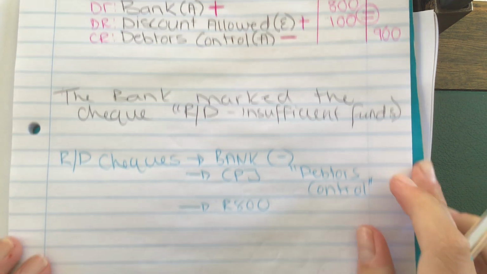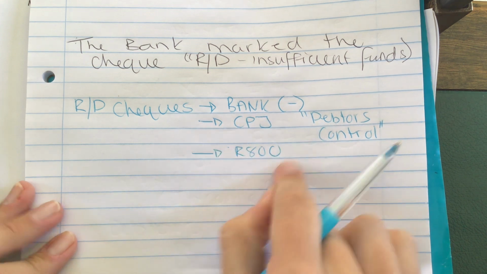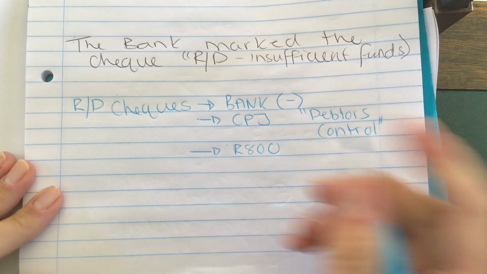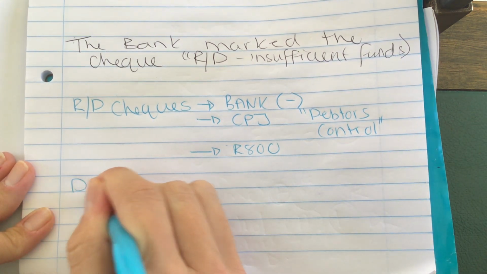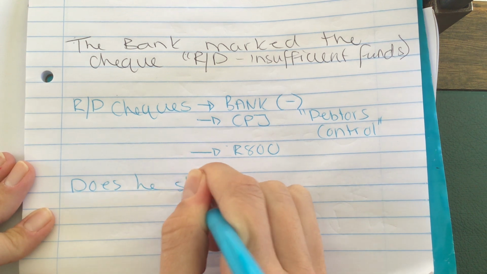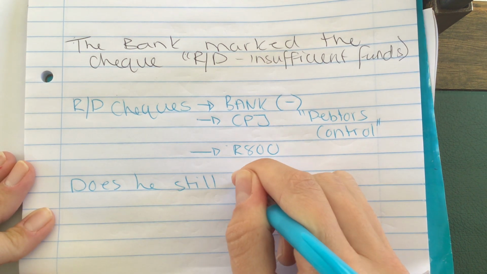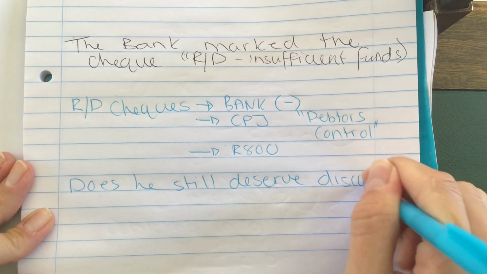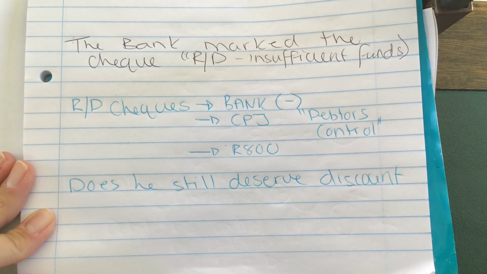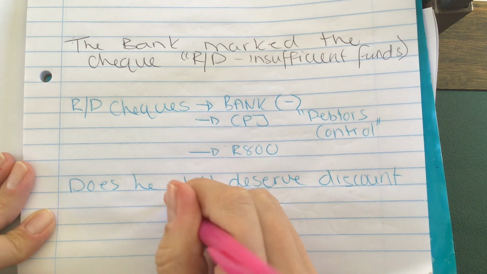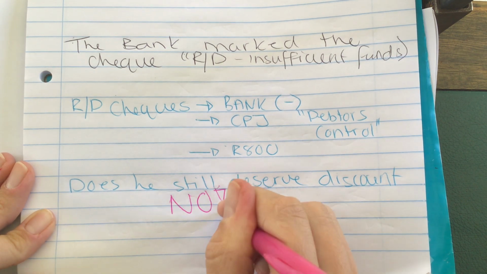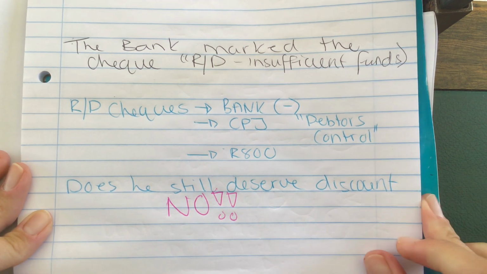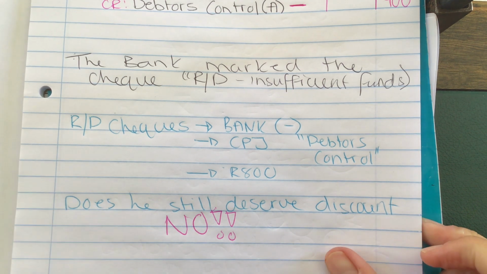Now, the question I have to pose to you is if the debtor didn't actually pay you that 800 Rand, does he still deserve the discount? And hopefully you are screaming at your screen and you know this answer. Definitely no. How can you give a discount to a debtor who hasn't even settled his debt?